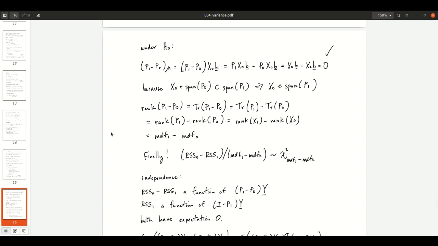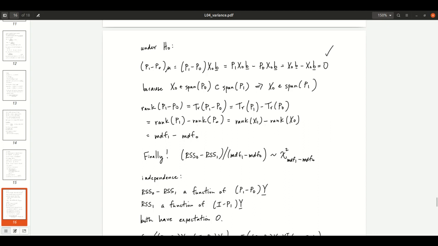Next thing we need to check is the rank. That will tell us the degrees of freedom in the chi-square distribution. The rank of P1 minus P0 is equal to the trace, because they're symmetric and idempotent, of P1 minus P0. And this is just the trace of P1 minus the trace of P0, which is the rank of P1 minus the rank of P0.